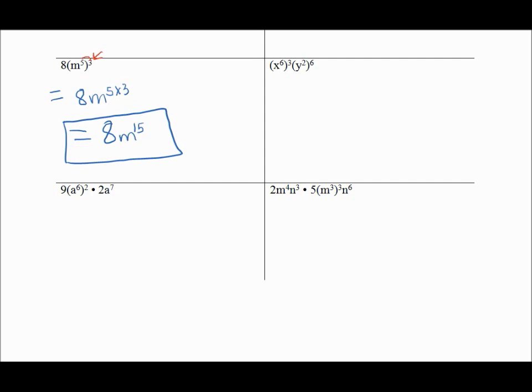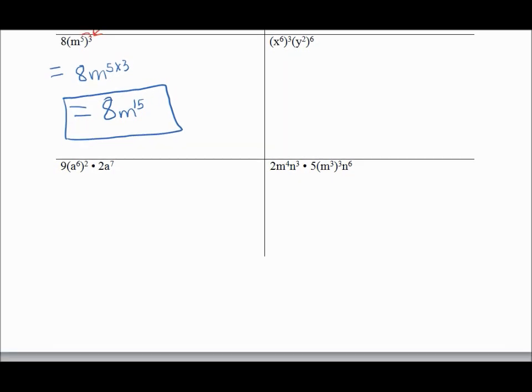And then this last one, it's a fairly simple one as well. Once again, do be aware that the exponent outside here, this 2, only applies to what's directly in front of it. So I'm going to evaluate this first one first.